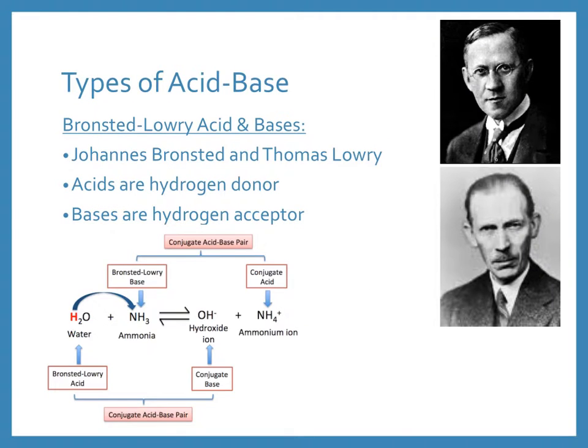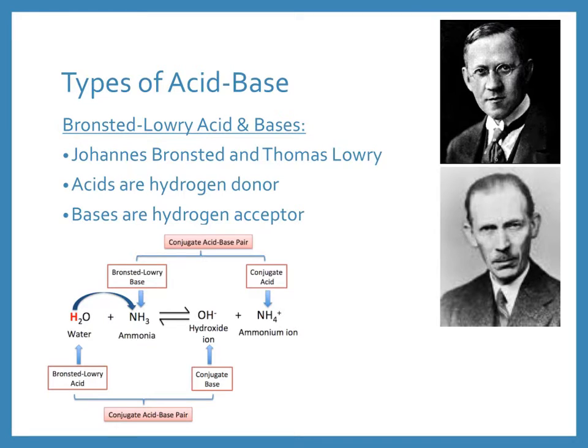Another type of acid and base is the Bronsted-Lowry acid and base, which Bronsted and Lowry together defined. In a Bronsted-Lowry acid and base, the acid is a hydrogen donor, and the base is a hydrogen acceptor, meaning the acid gives up a hydrogen and the base takes on a hydrogen.